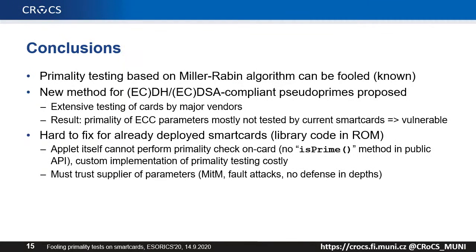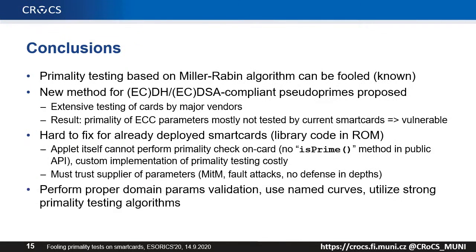But the issue is that this code doesn't have access to primality testing, so there is no primality method in the public API, unfortunately. So as a result, the card must trust the supplier of these parameters, and if there is a malicious actor on the other side as a supplier, or there is a man in the middle, or there is some fault induction attack, you can end up using composite parameters.